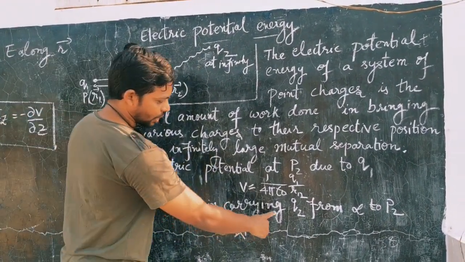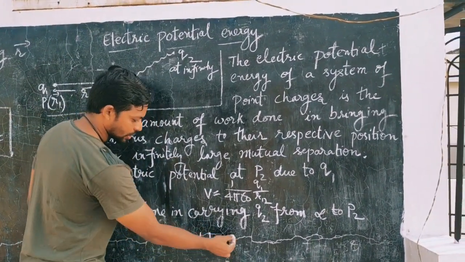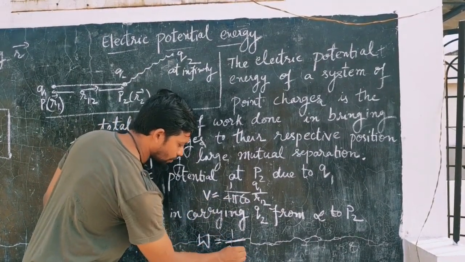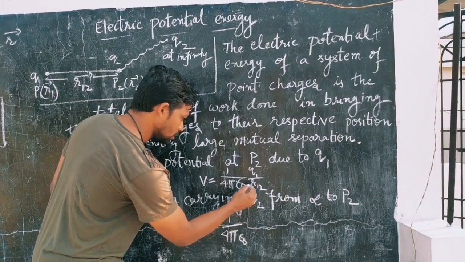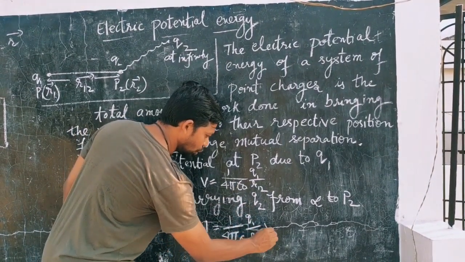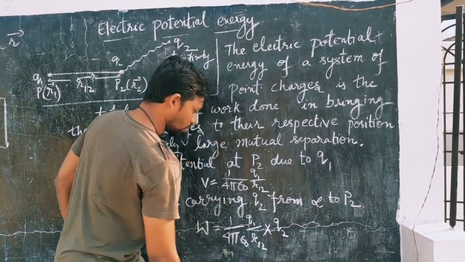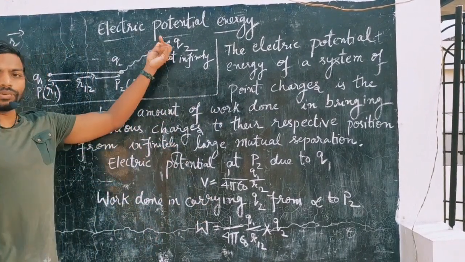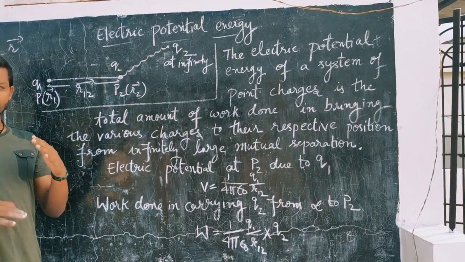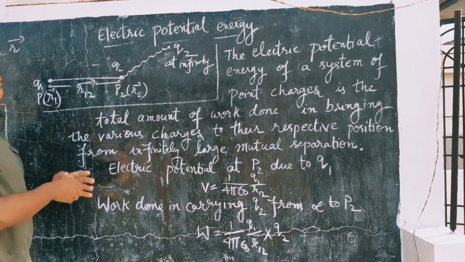Then the work done in carrying Q2 from infinity to P2 is nothing but potential into charge. So the potential is already 1 by 4 pi epsilon naught Q1 by R12, into the charge which we are bringing, that is Q2. So now you can see whatever work we are doing to bring this Q2 from infinity to point P2 is nothing but the potential energy of this system of two charges.